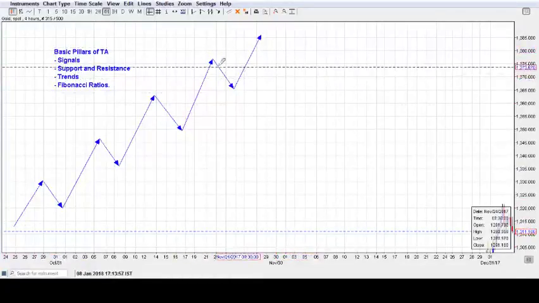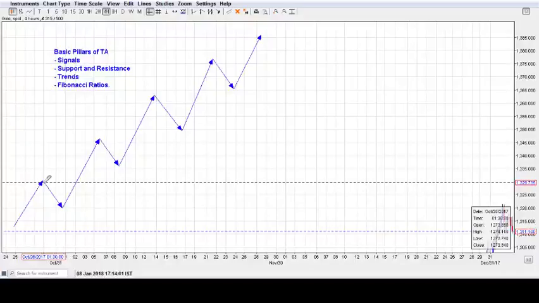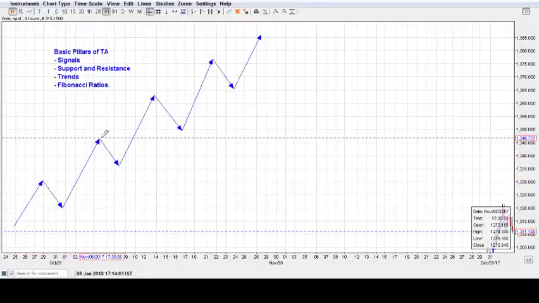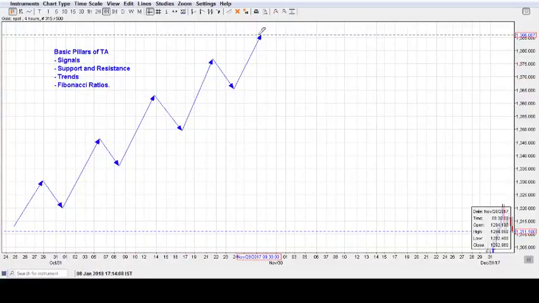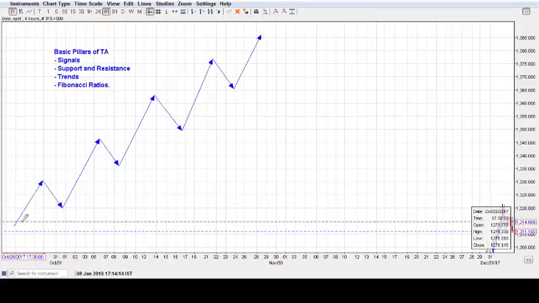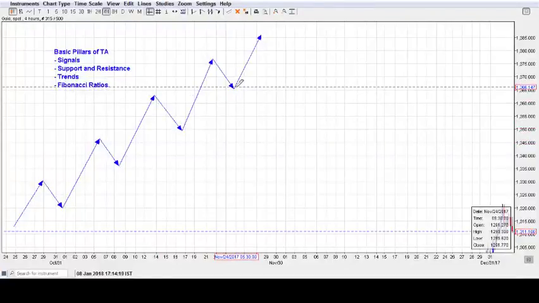Let's suppose this is a rising market, that is a sequence of higher highs, 1, 2, 3, 4 and 5 sequential highs printed, each higher than the previous one. And then you've got 1, 2, 3 and 4 lows also printed.